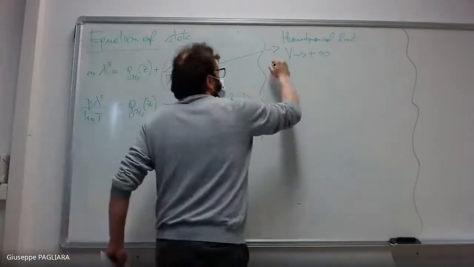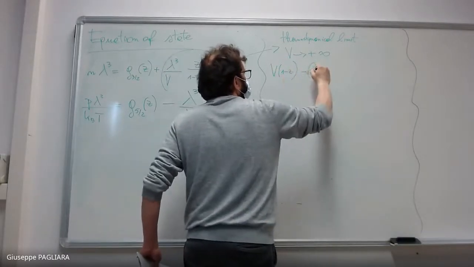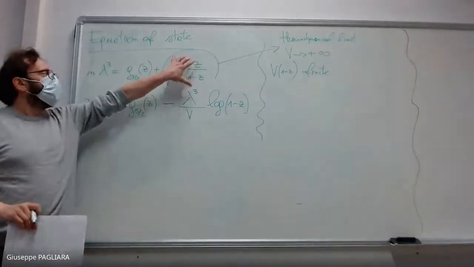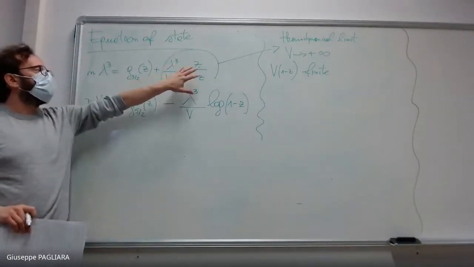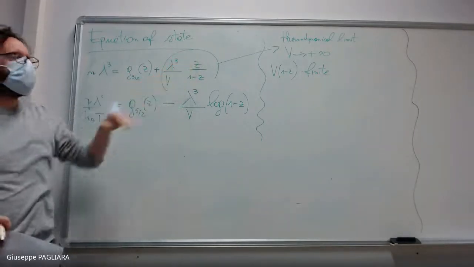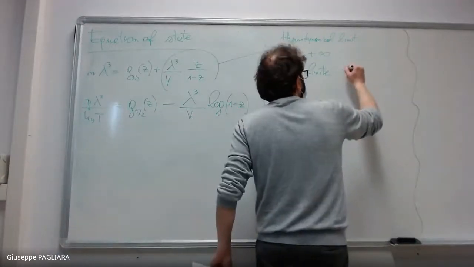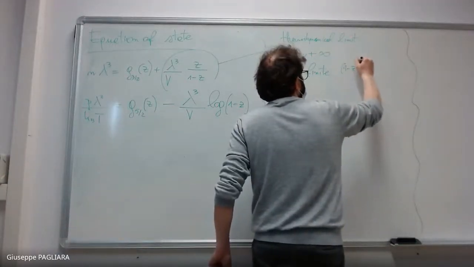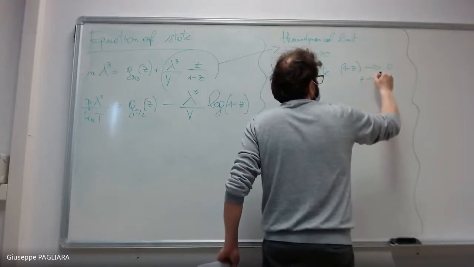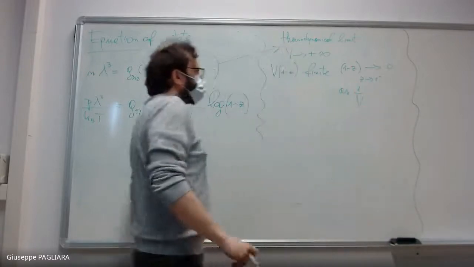If I want V(1 minus Z) finite, and this must be finite because, apart from the lambda and the volume, this is just the number of particles in the ground state, okay? So if I want this quantity to be finite, 1 minus Z must go to 0 when Z approaches 1 from the left as 1 over the volume.